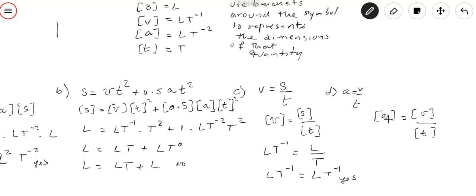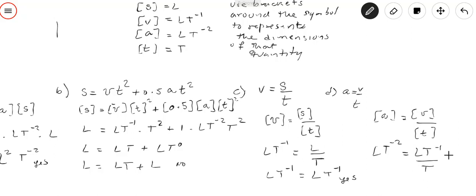Now, which are the units of acceleration? Acceleration is equivalent to L T to the negative 2, equals velocity, which is equivalent to L T to the negative 1, and t is equivalent here to T because it's units of time.